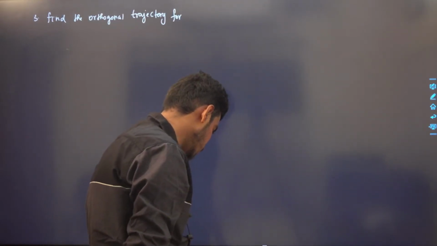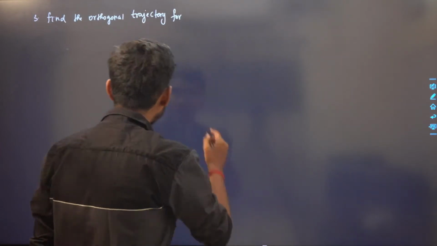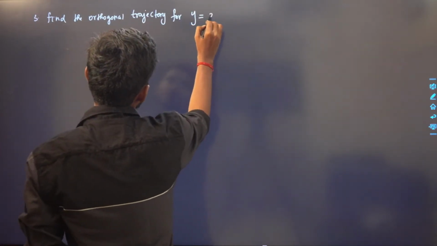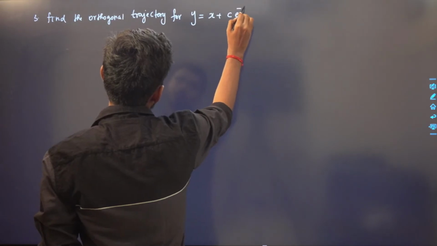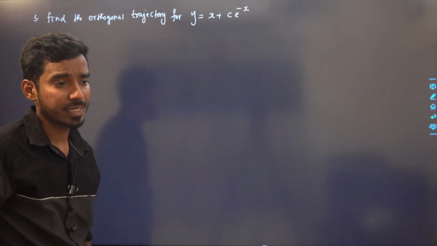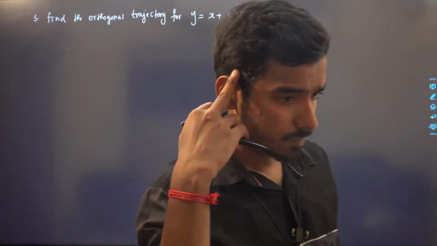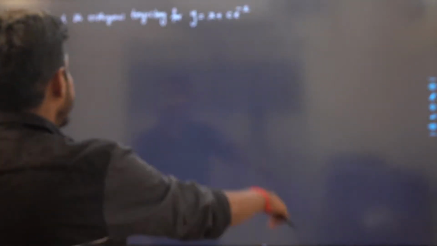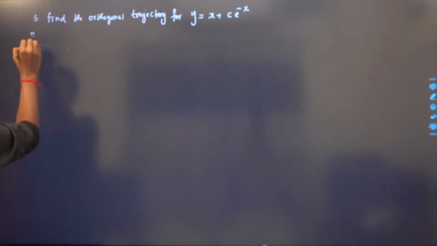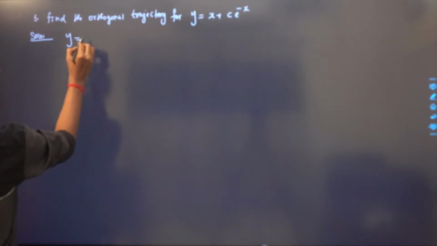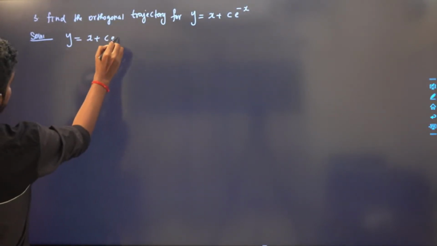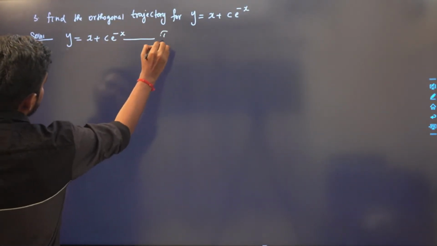y is equal to x plus c e power minus x, where c is a parameter here, right? Clear, right? Okay. So here c is a parameter. Suppose we have y is equal to x plus c into e power minus x. Call this equation number 1.